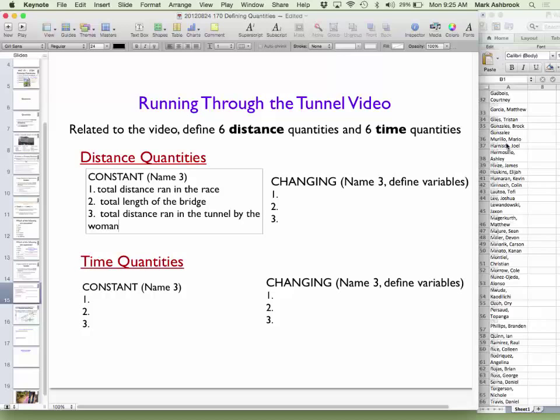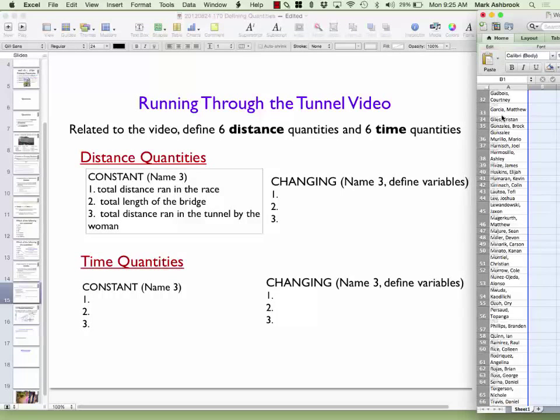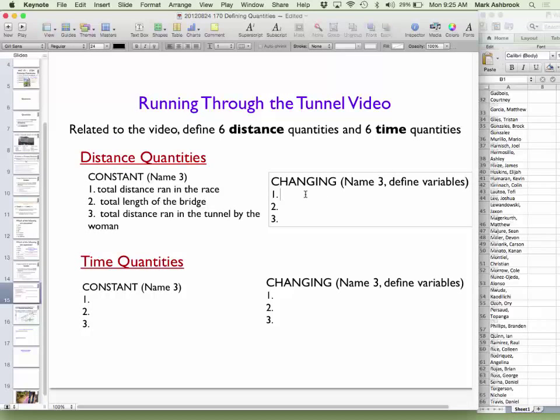Where is Matthew Garcia? Here. You got a variable for me? For distance, a variable: the distance between the woman and the man. So what variable do you want? You've got to pick a letter for the variable. D. How'd you come up with that? Okay, D equals the distance between the man and the woman running.